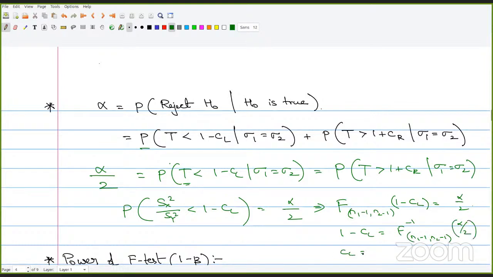So CL will be something like 1 minus... oh, sorry, 1 minus F inverse of n1 minus 1 comma n2 minus 1, alpha by 2. You see this F inverse has the term alpha by 2 inside. So we have alpha by 2 if you are going to calculate the left critical value.